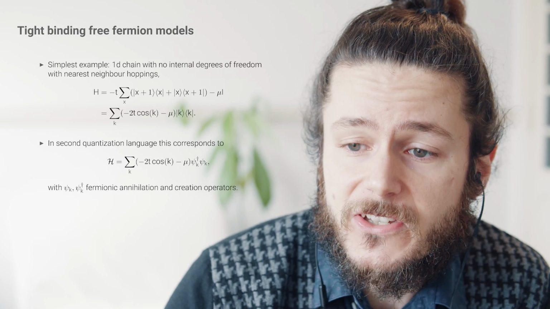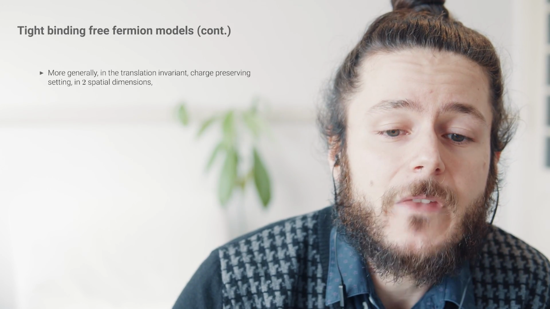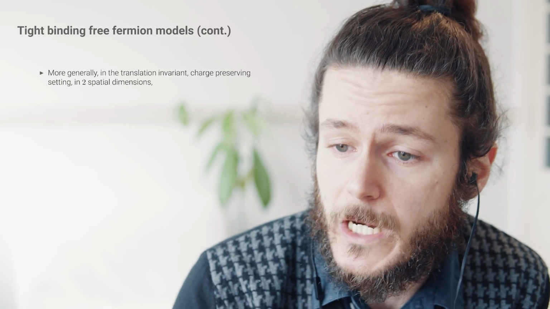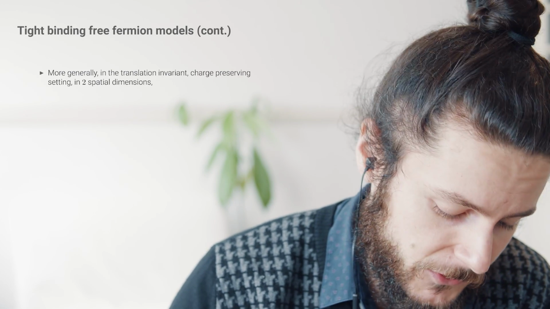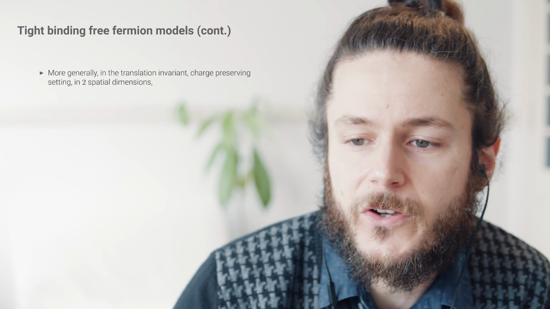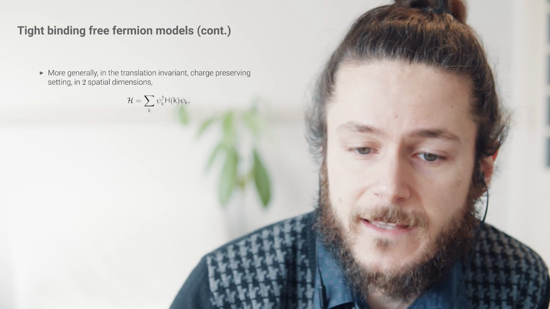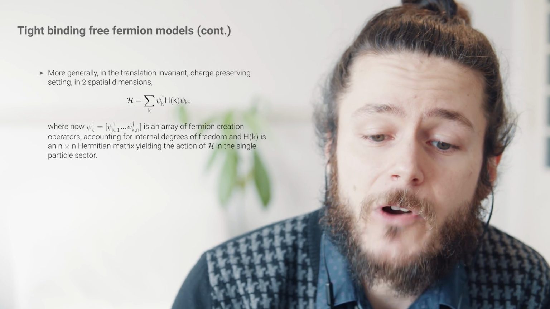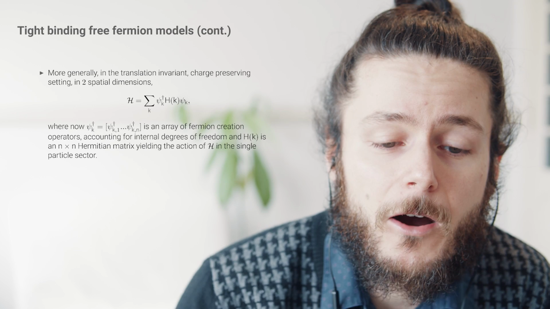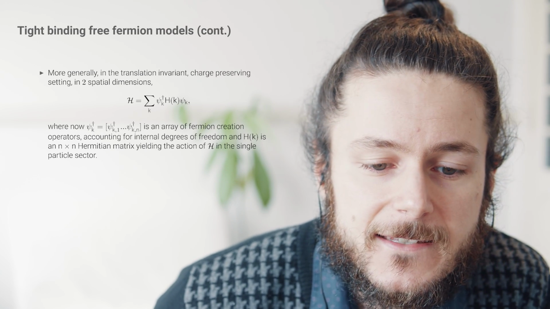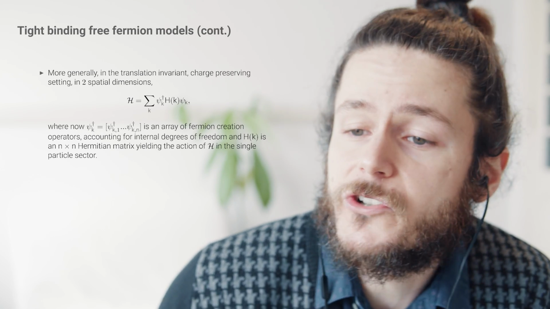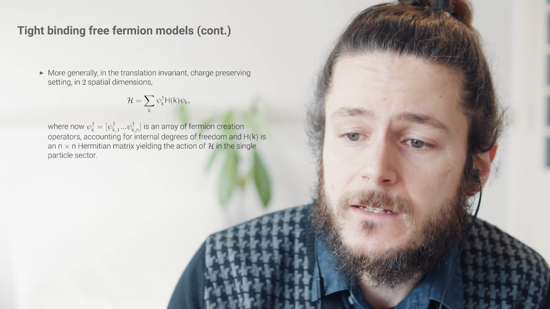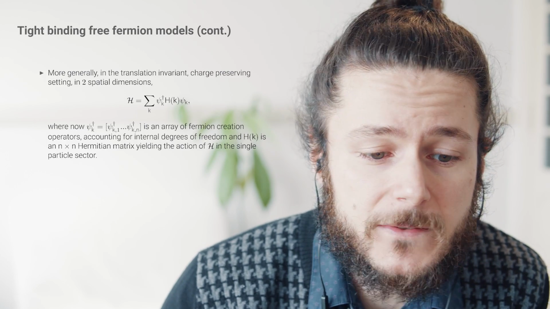And for the case we're interested in, 2D, if I have a translation invariant charge preserving setup, which is what I'm interested in in two spatial dimensions, I will have a Hamiltonian in second quantization which looks like that, where now the psi daggers are an array of fermion creation operators, and the indices, which go from 1 to n, correspond to internal degrees of freedom, such as pseudo-spin, spin, whatever you can think about.